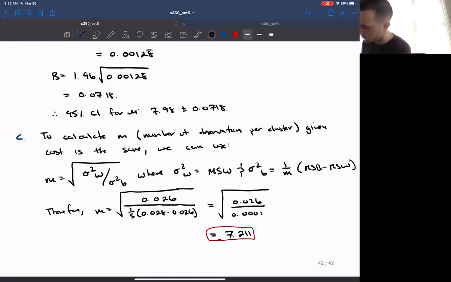Okay. So take 8 observations per cluster.